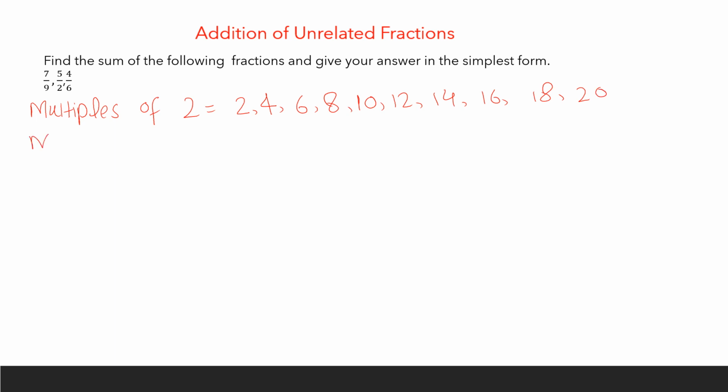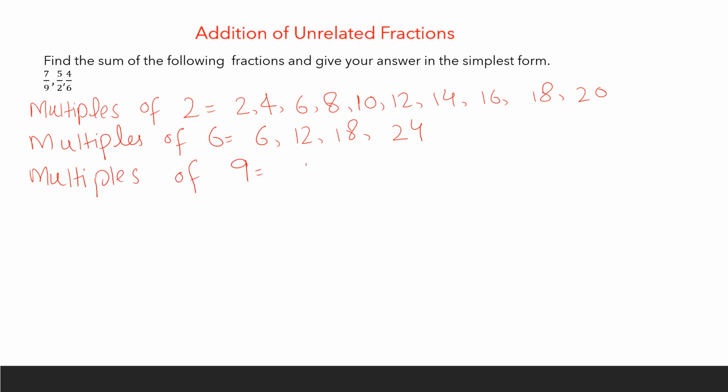Now let's write the multiples of 6. Multiples of 6 are 6, 12, 18, 24. Now the multiples of 9. Multiples of 9 are 9, 18, and 27.